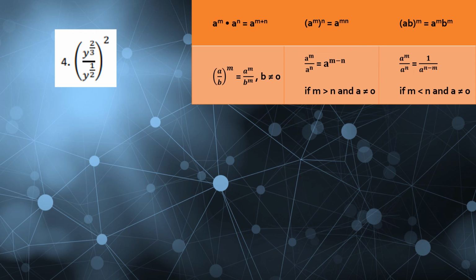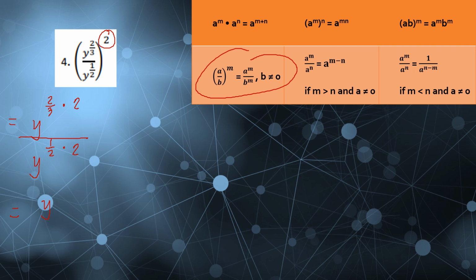Let's have another one. y raised to 2/3 over y raised to 1/2, quantity raised to the second power. In this case, we apply this law of exponent. We first multiply the exponent 2/3 by 2, and the same with the exponent 1/2, we also multiply by 2, the exponent outside.